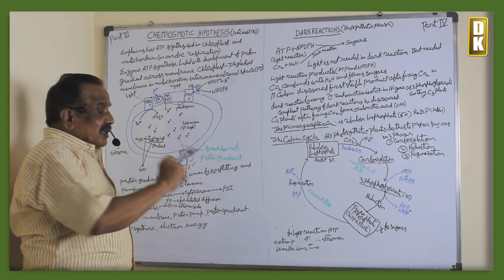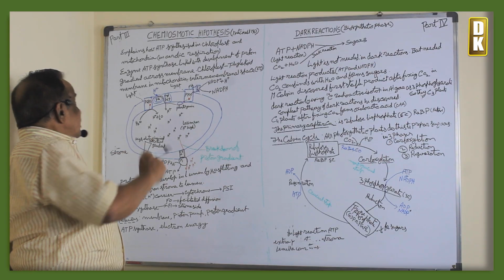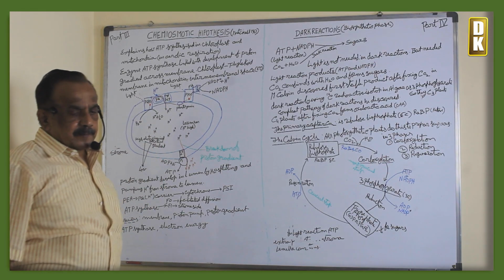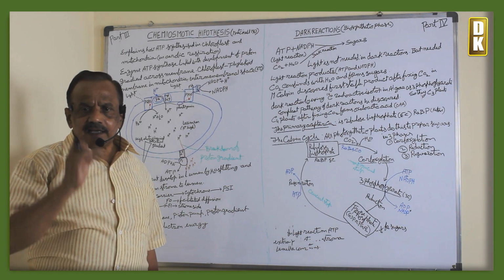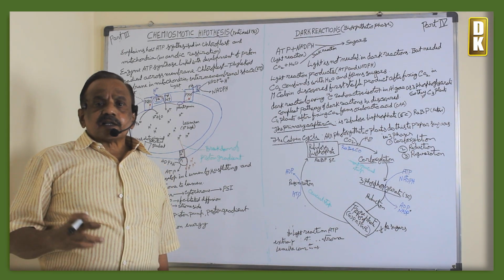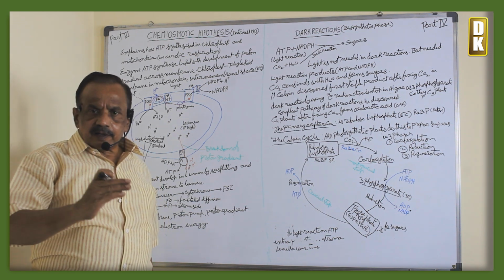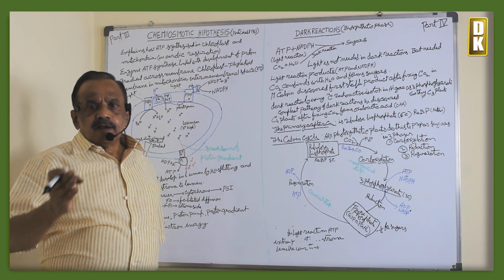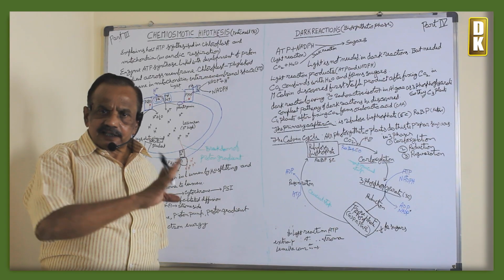It works under the proton gradient across the membrane. This is what the textbook has written. But the thing is, whatever protons are developed, the concentration developed on one side of the membrane will travel to the other side through the ATP synthase. That I will explain.